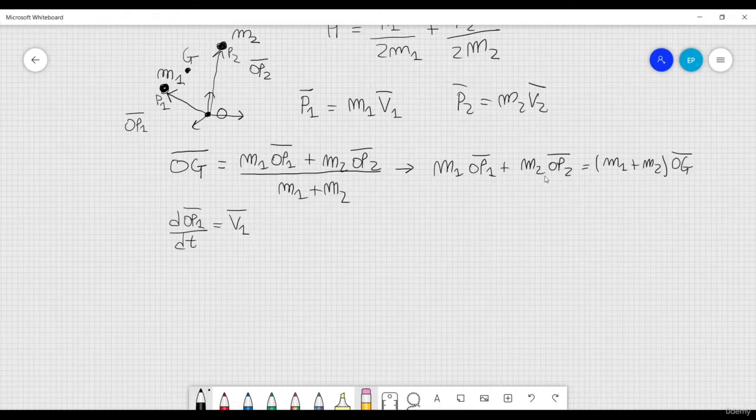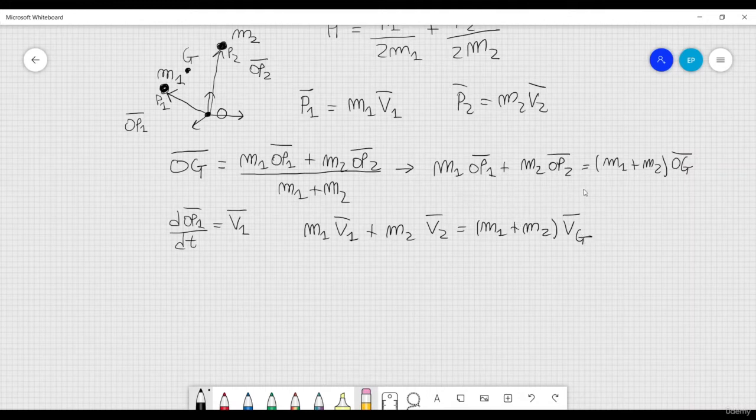And the same for OP2, and something similar for OG: when I take the derivative of OG, I will get the velocity of the center of mass. So here I have m1 v1 plus m2 v2 equal to m1 plus m2 times the velocity of G.